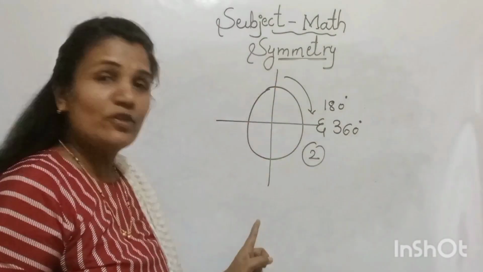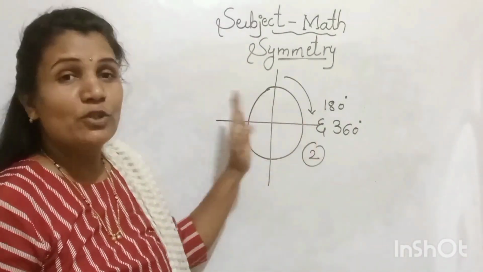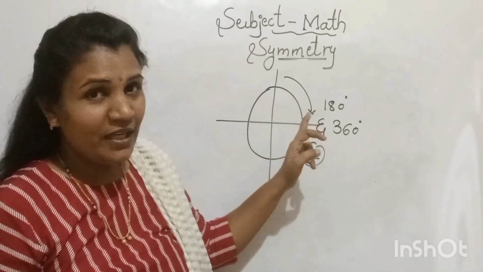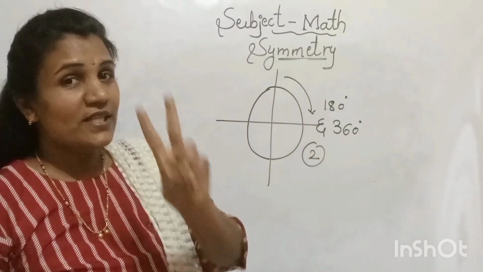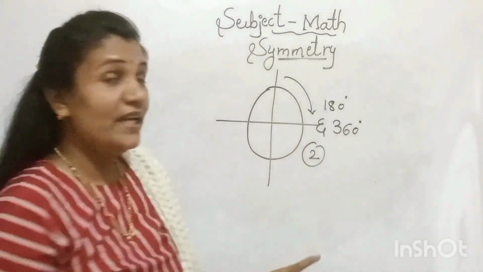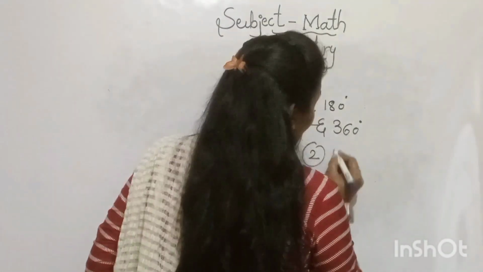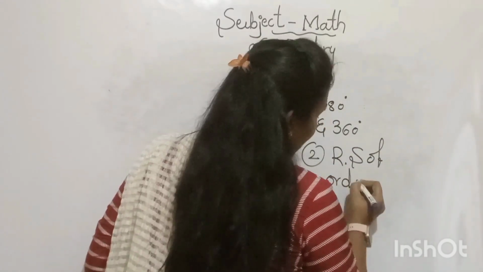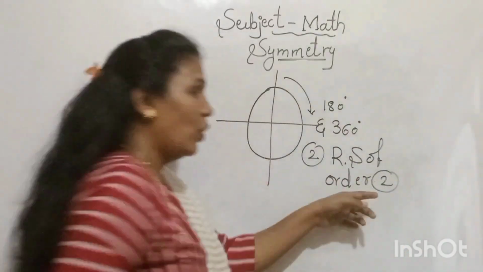And vertically also we can get the superimposition of both sides. So here the oval has reflection symmetry 2 and rotational symmetry of order 2.